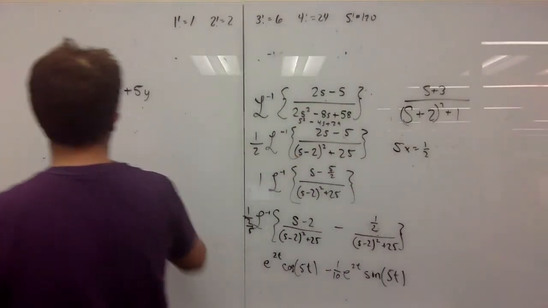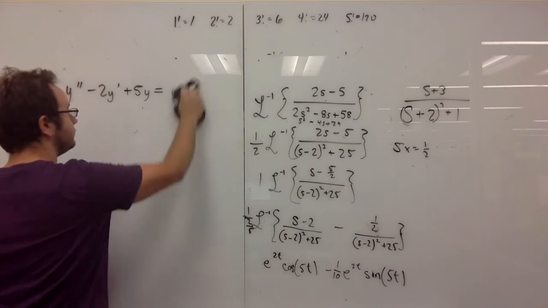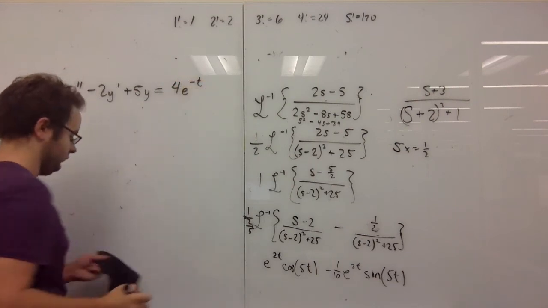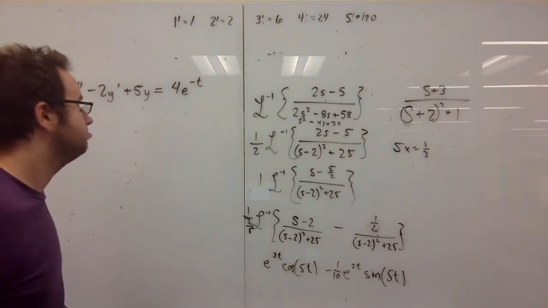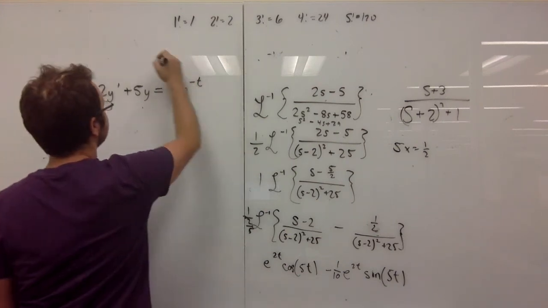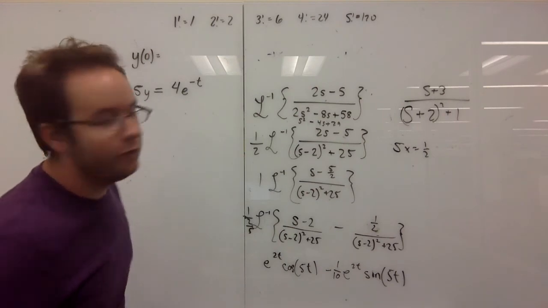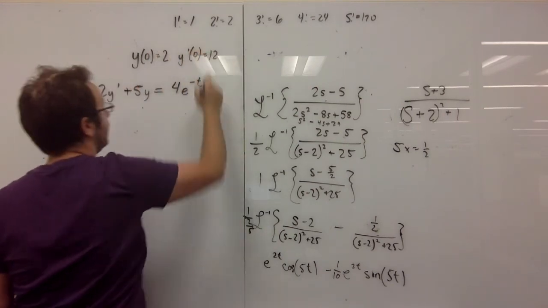We're going to solve some initial value problems though. Let's do 4. y of 0 equals 2, y prime of 0 equals 12.